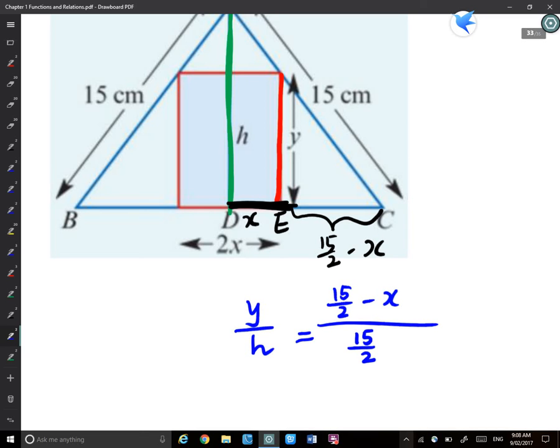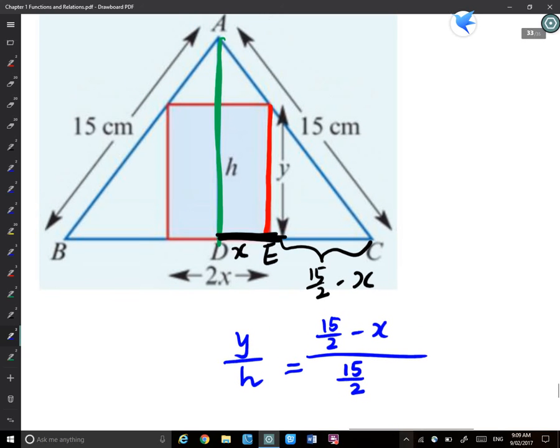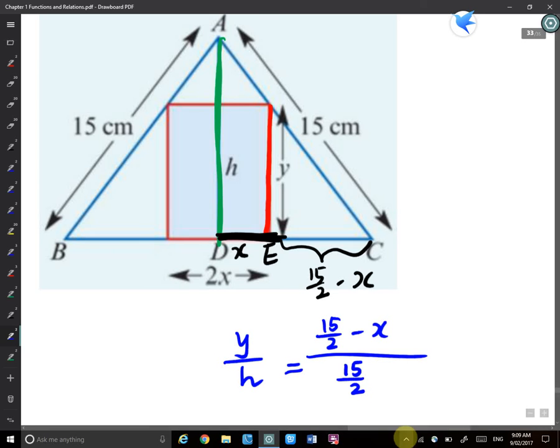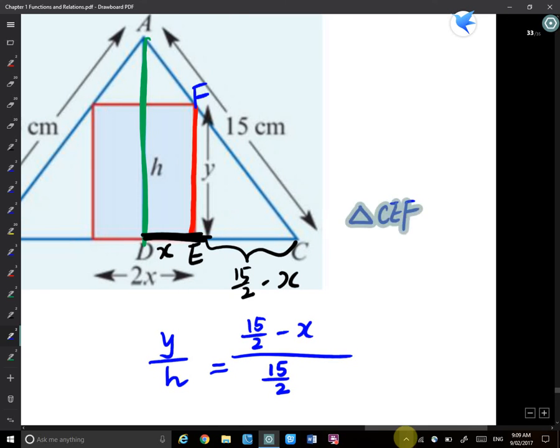If you can see that's the F point, so triangle CEF is similar to triangle CDA.